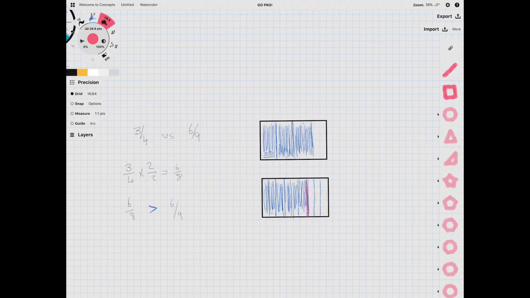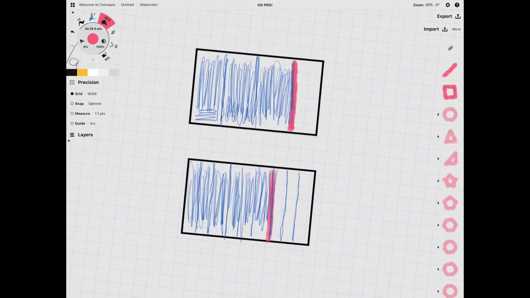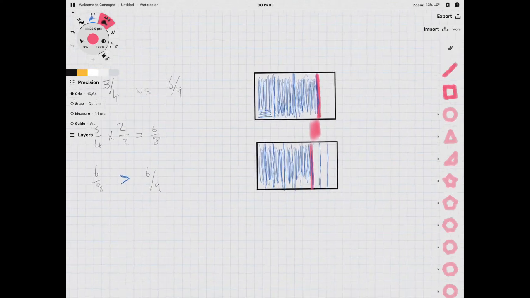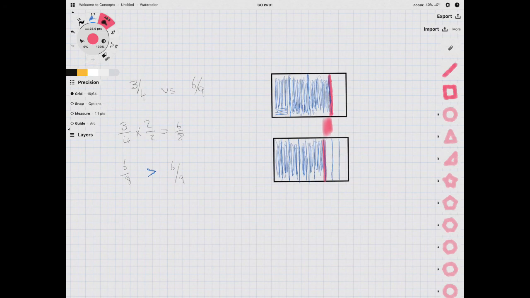If we highlight this line here and this line here, it becomes not very easy to see, but if we zoom in a bit, can you see there's a small difference here of 1/9 between 3/4 and 6/9.